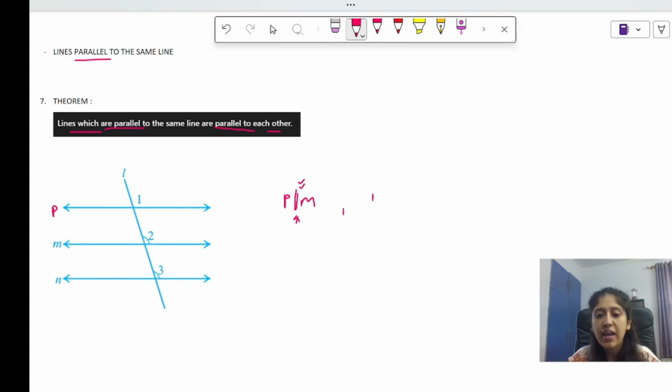And if I say M is parallel to N, as we can see, these two lines are also parallel to each other. Yes, this also concludes that P is parallel to N.